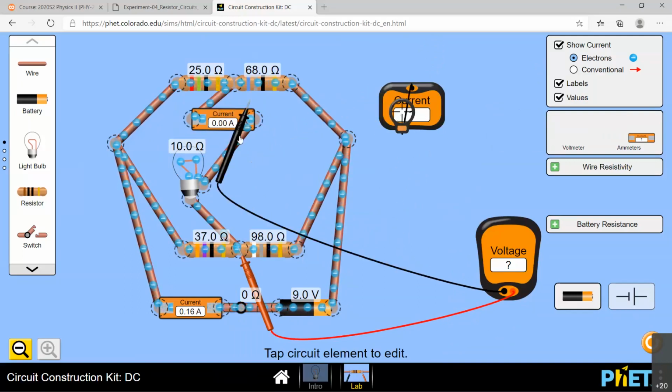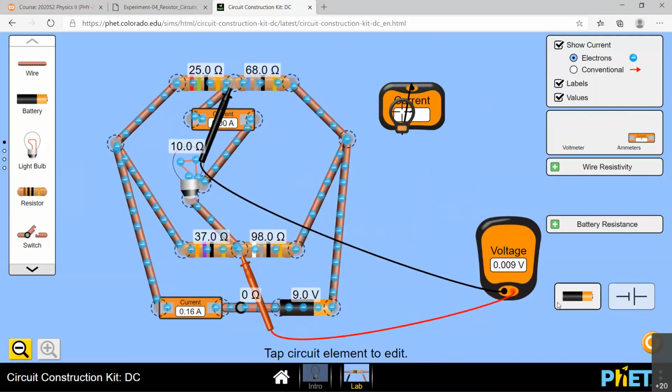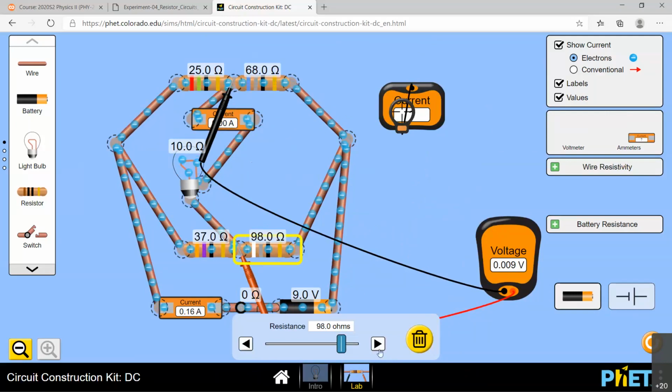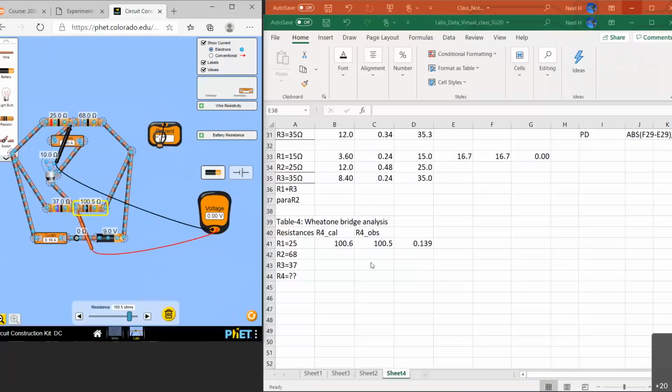I have to use the voltmeter actually. So see, a small voltage is still there. I have to change this resistance until I get the voltage really equal to 0. That's the point. If you do that, then that number is very close to the calculated value. See that? Make sense? Everybody see that difference?